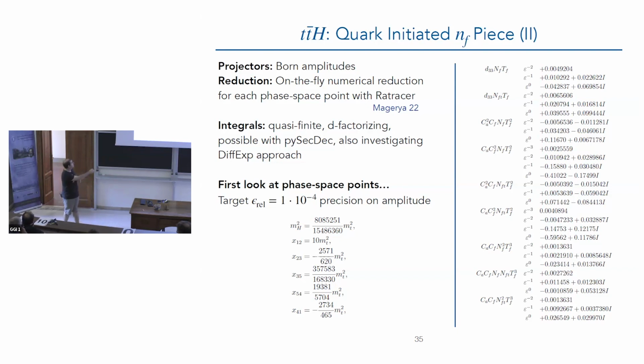Why don't you integrate immediately in Feynman space? There are very many integrals, and they have no nice properties whatsoever. Does the phase space point always have to be rational? You can do this in floating point, but you can lose precision when you do this reduction, right? So the thing to do is to find a rational number that's close to the floating point.